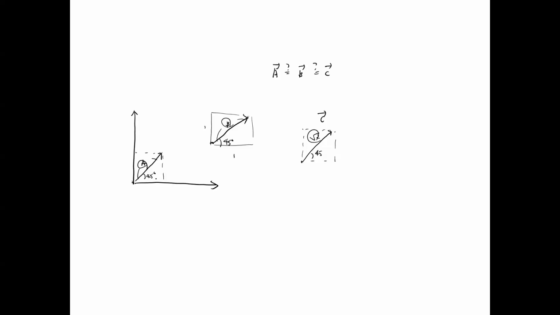And then the angle from the horizontal: vector A, 45 degrees from the x-axis, the horizontal line. Vector B, 45 degrees from the horizontal line. Vector C, another 45. So as long as they have the same magnitude, length, and angle from the horizontal, vectors A, B, and C are the same.